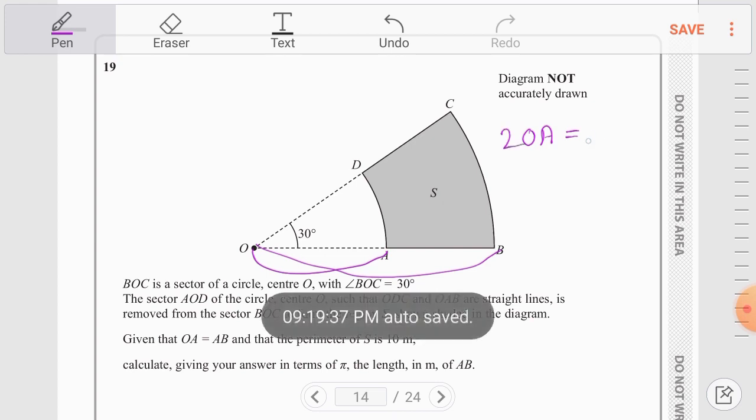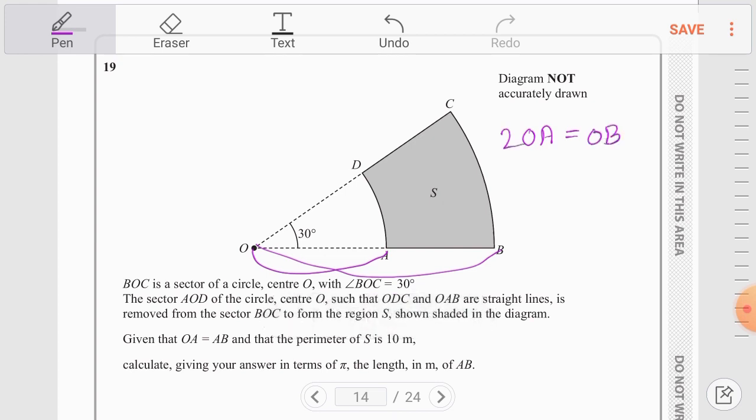We can write OA as small r because that's a radius. It's already given that OA is equal to AB, so we can write OB as OA plus AB, and that would be 2OA.